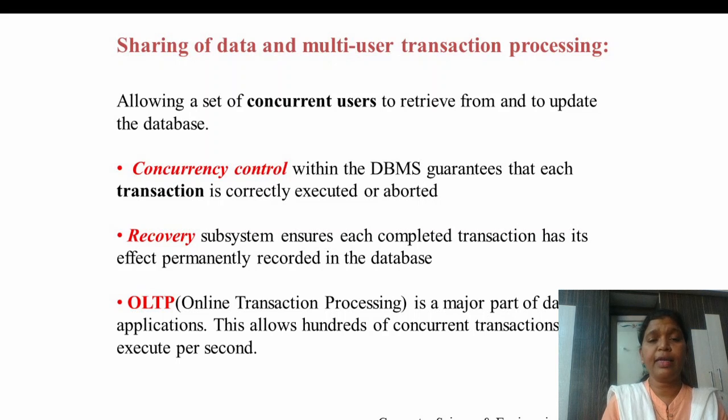Otherwise, all three of us get the same seat 50. So concurrency control comes into the picture. That guarantees each transaction is correctly executed or aborted. And it's very important also.